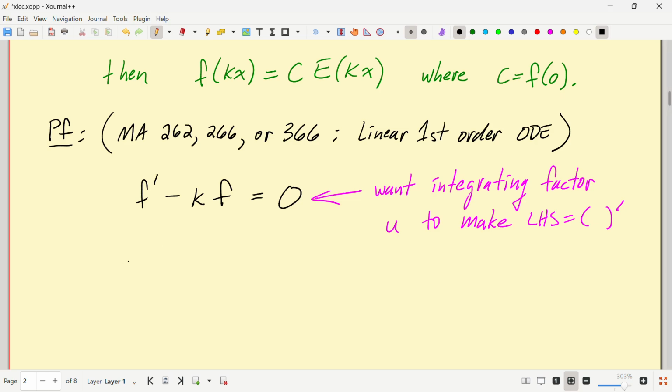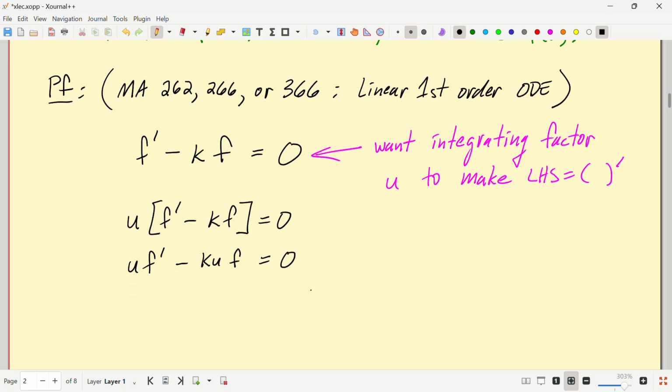So I would multiply this by u: u times f prime minus kf equals 0, and that would be equal to u times f prime minus ku times f. And that first thing looks like it's the derivative of a product. So if this was the derivative of a product, we would have u f prime plus u prime f.